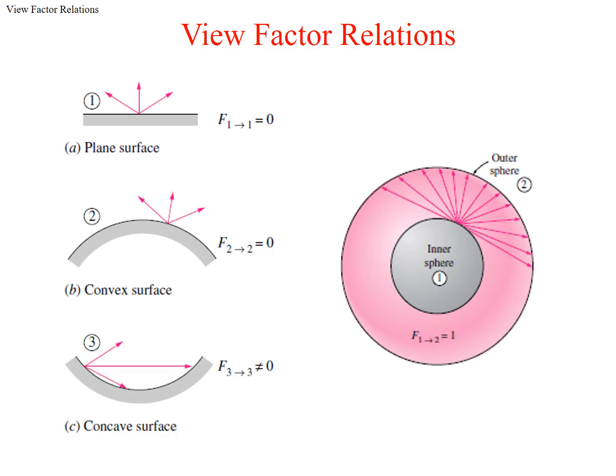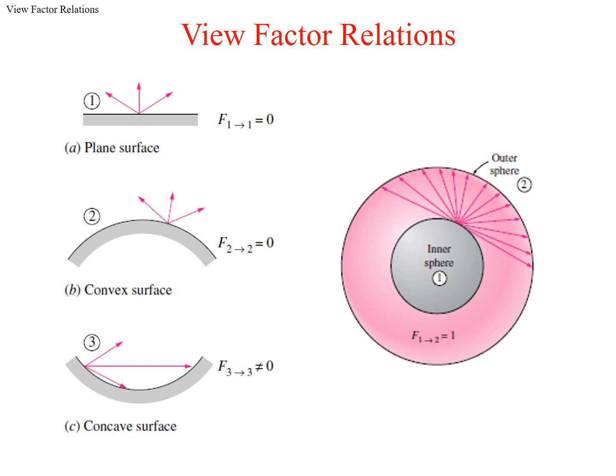An example of this would be, let's say we're looking at two spheres, a hollow sphere and another sphere inside it. And let's say we're looking at the radiation from the inner sphere that arrives at the outer sphere. So we notice that F12 is equal to 1. How do we know that? From the inner sphere to the outer sphere, everything that the inner sphere sees is the outer sphere.